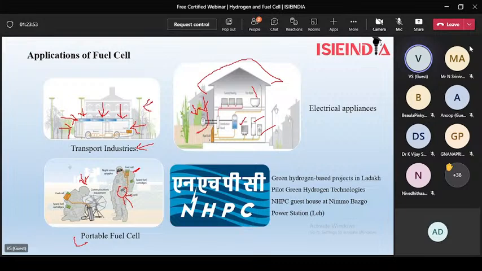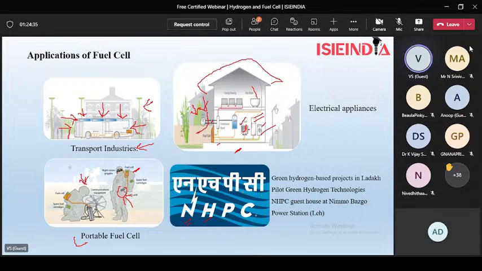Suppose a house is not connected to a grid; we can connect a fuel cell as per the requirement, and that fuel cell can supply power to the TV, refrigerator, and washing machine, and run the different appliances.